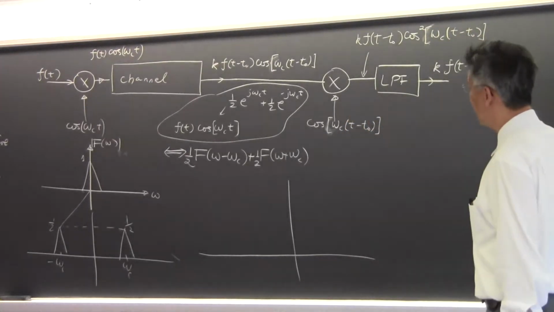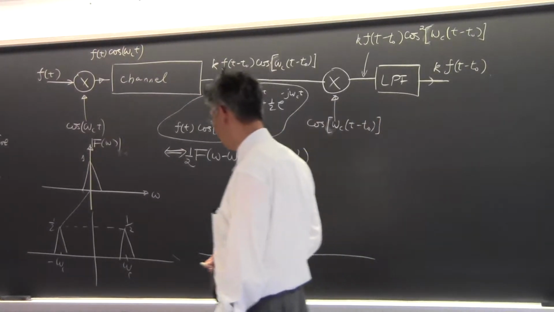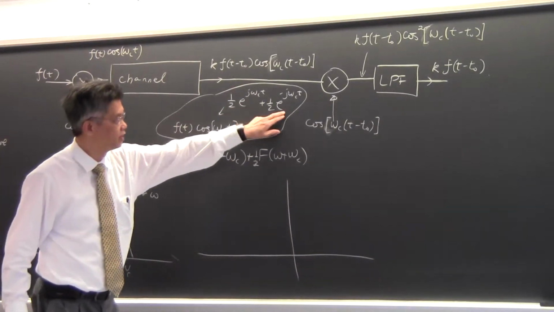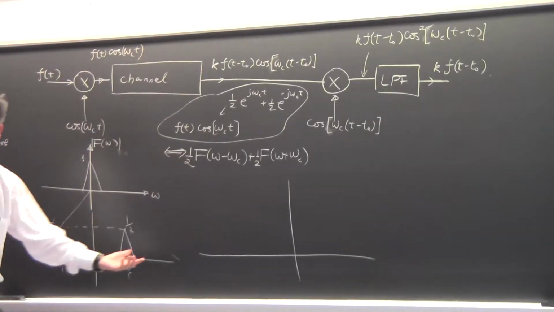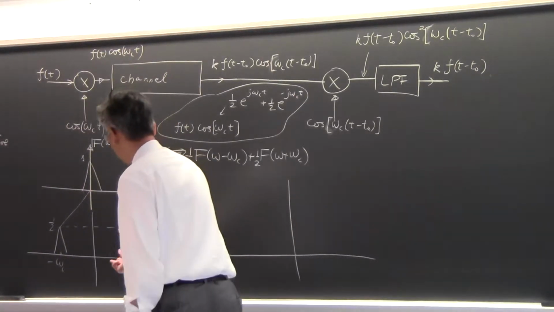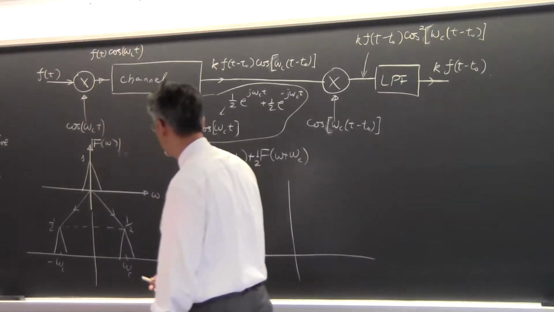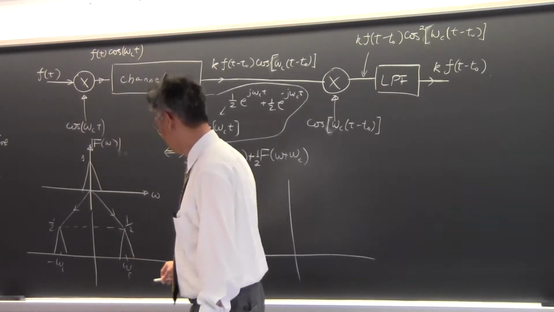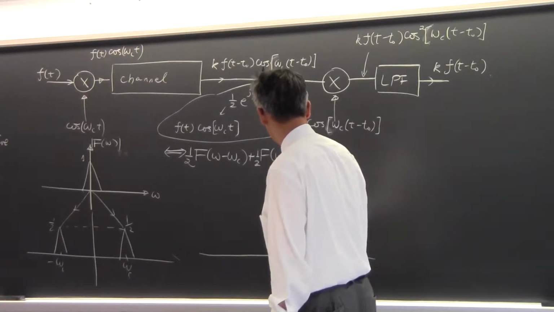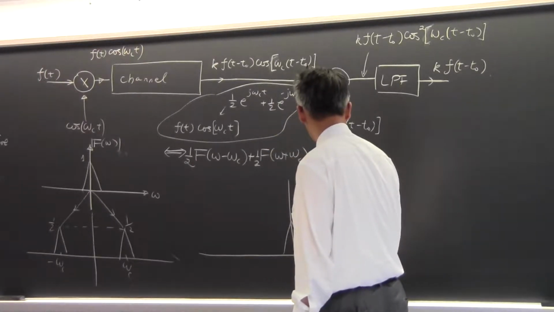So every time you multiply by cosine omega c, it introduces a frequency shift. You can think of this thing being shifted two times over, one to the right and one to the left. Now if you take this same picture and shift it, a frequency shift to the right will give me something like this.